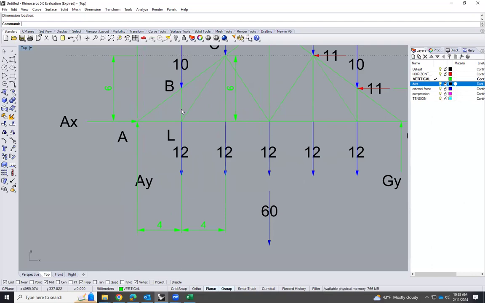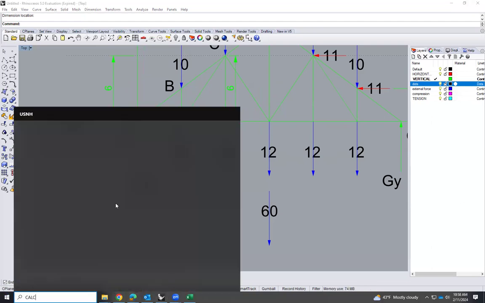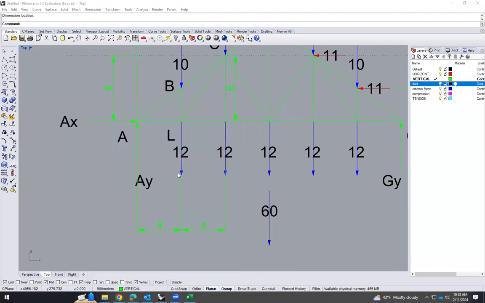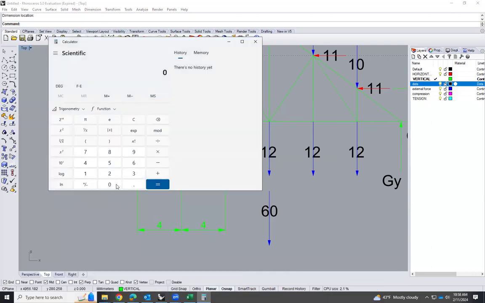So the tangent of this angle is 3 divided by 4, and the angle is arctangent of 3 divided by 4. If I use the calculator, first I need 3 divided by 4, and then I need the arctangent. So it's 36.86 or 87. Okay, so that's the angle.